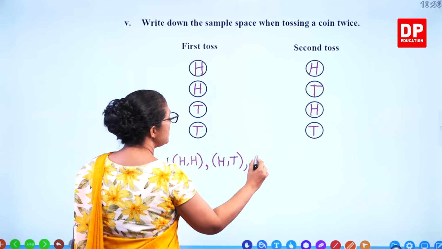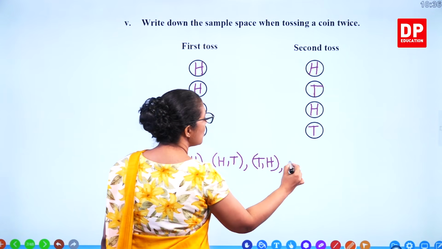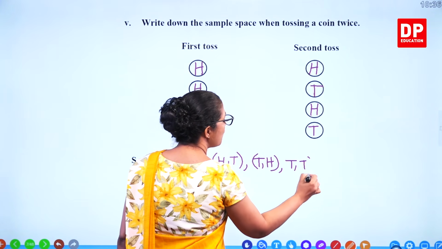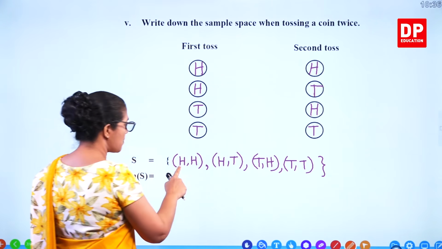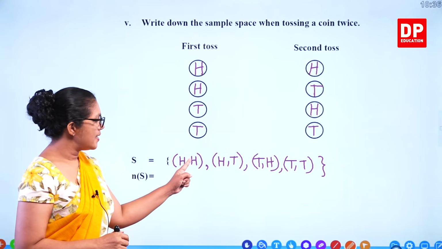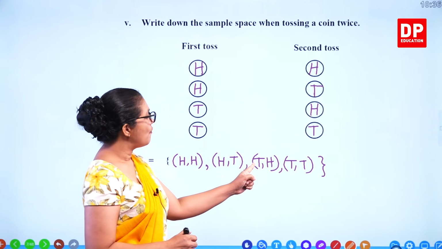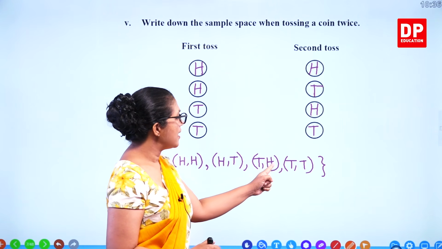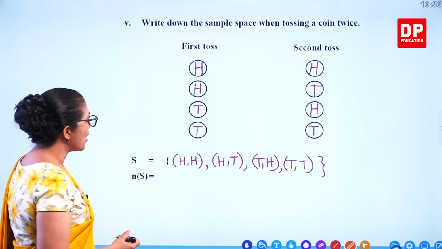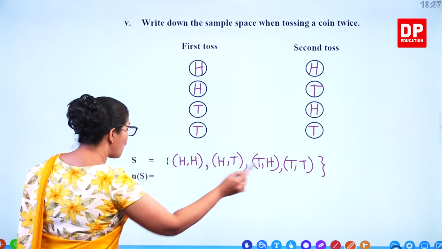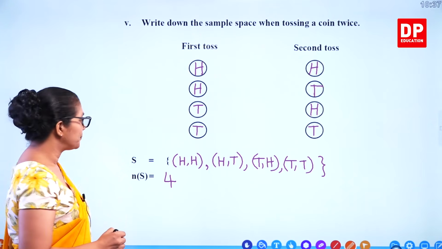And the other one, tail with head, and tail with tail. I took the first outcome as the first letter. So this means first head, second head. First head, second tail. First tail, second head. First tail, second tail. Now how many outcomes are there? 1, 2, 3, 4 outcomes in the sample space.